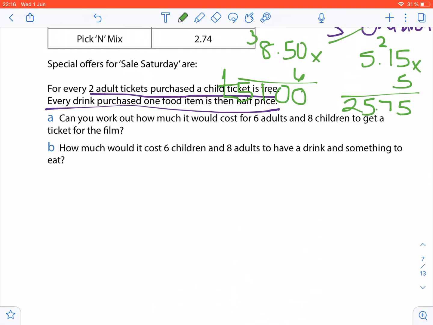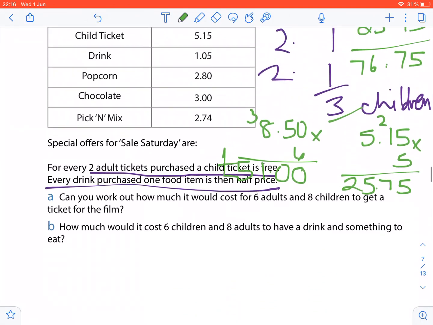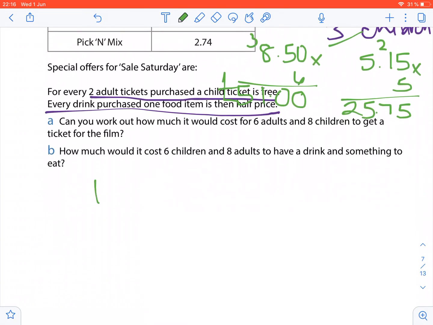Right, how much would it cost 6 children and 8 adults to have a drink and something to eat? Now, there are going to be lots of different answers for this, so I'm just going to go through some scenarios, and then I will check it on Friday. Okay, so if you buy a drink it is £1.05.